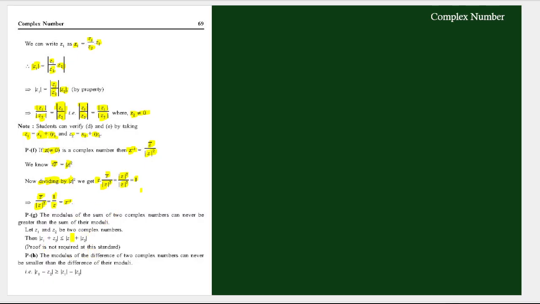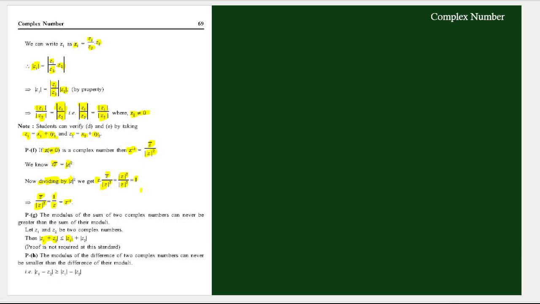Then this is another property: the modulus of the sum of two complex numbers, so Z1 plus Z2, the modulus of this sum can never be greater than the sum of the moduli.